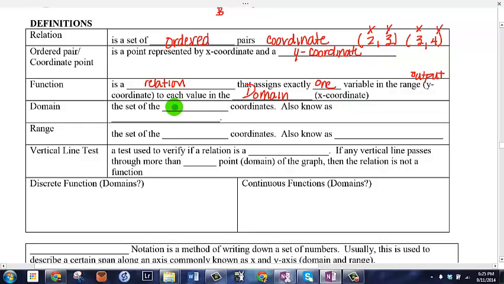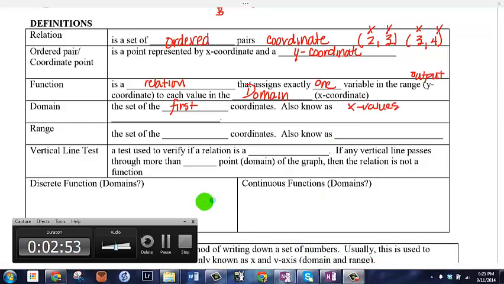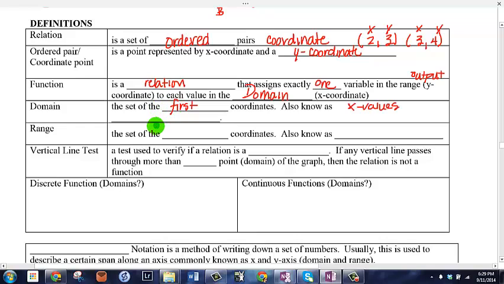So let's talk about this domain then. Domain is the set of first coordinates, or x coordinates, okay, also known as x values. The line moved on me. Okay. So the range then is a set of second coordinates, also known as y values.